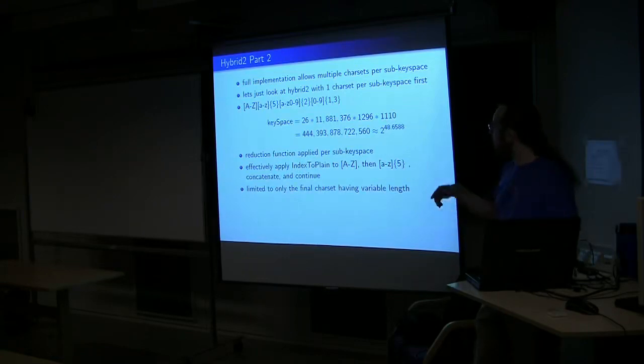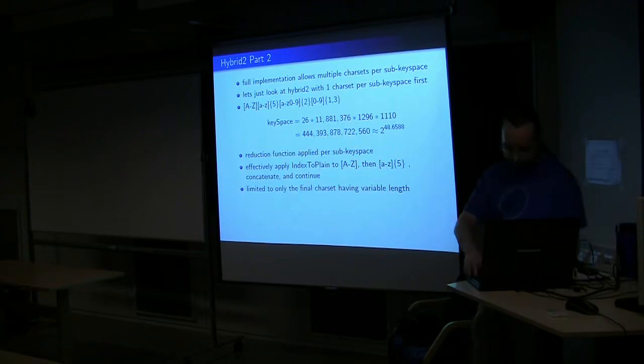So you effectively go through the reduction function, you take it for the first key space, you then go and do the next one, you concatenate those, and you continue on. The only limitation really to hybrid 2 in this first implementation, and this is the implementation that will change, this isn't a limitation of the file format, is that right now only the final character set can have the variable length.